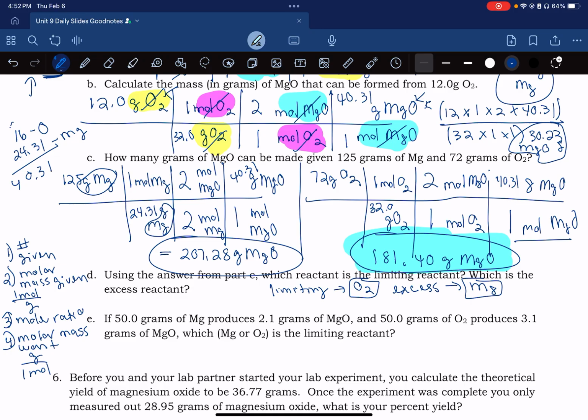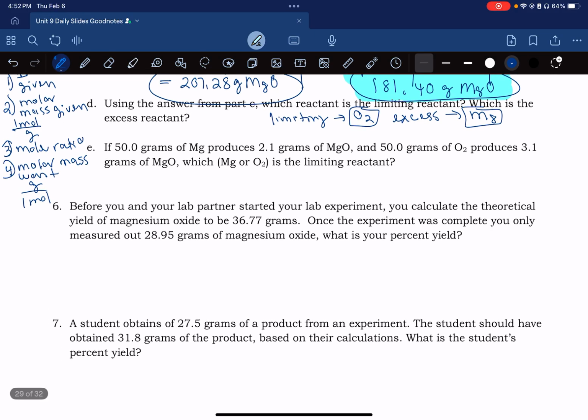There you go. All right, and then finally, this is kind of a similar question to what we had before, where we were given the information and the math is done for us already. So it says 50 grams of magnesium are going to yield 2.1 grams of magnesium oxide. Great. Let's just highlight that. And then it says 50 grams of diatomic oxygen is going to yield or produce 3.1 grams of magnesium oxide.